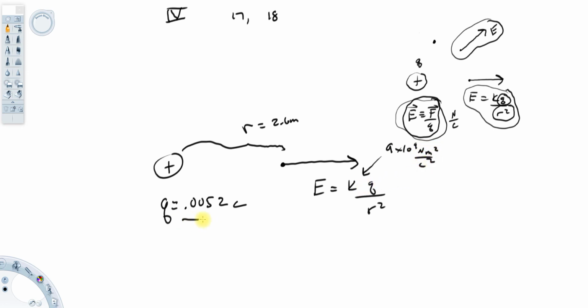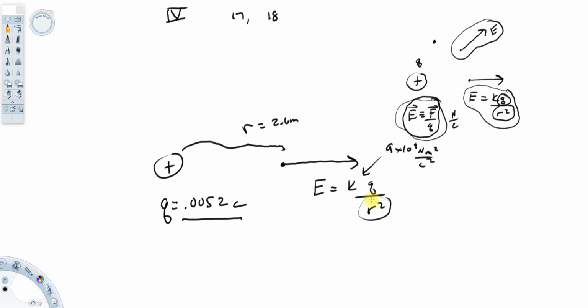The q is the charge given in the problem. And the r is also given in the problem. And then you're just going to run those through and get a value out. That's enough on 17. We'll take a look at 18.